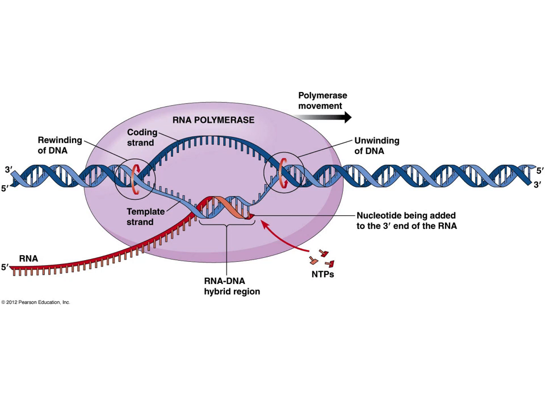We have to break those hydrogen bonds so that the polymerase can read the template strand and attach complementary NTPs to the new RNA strand that's being made, okay? The coding strand here is ignored, and as the polymerase moves from left to right, the double helix gets wound back together over to the left after the polymerase passes by.